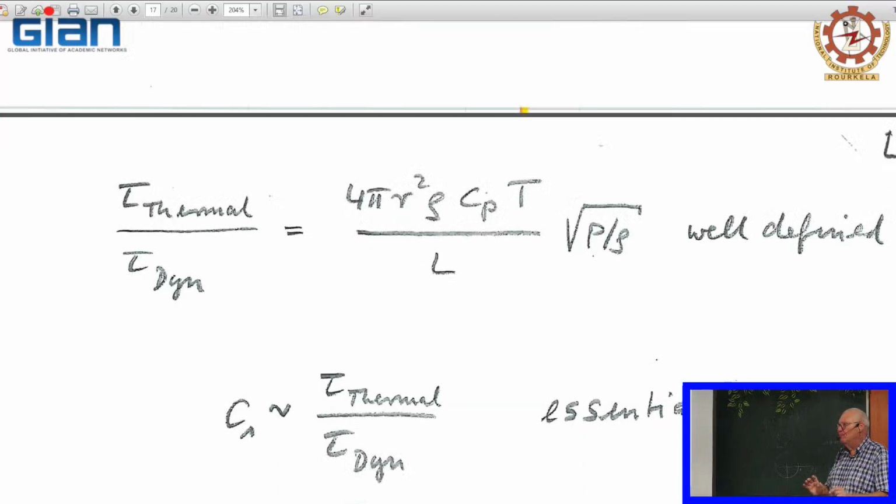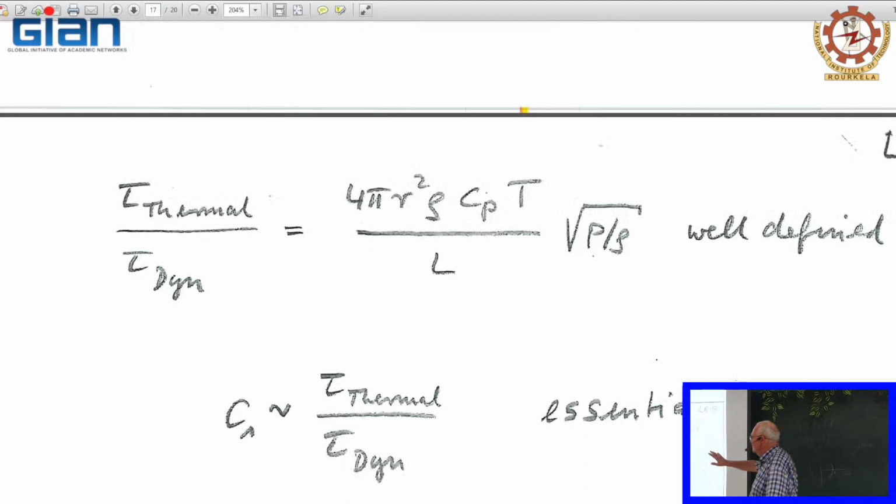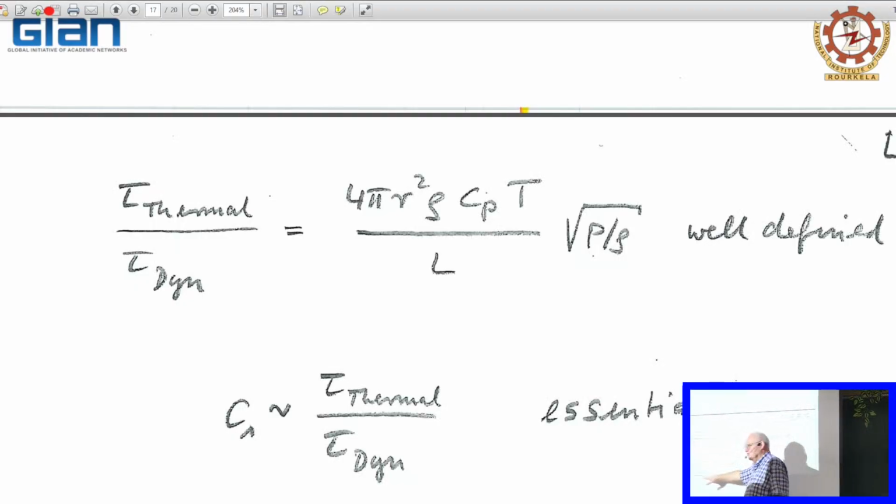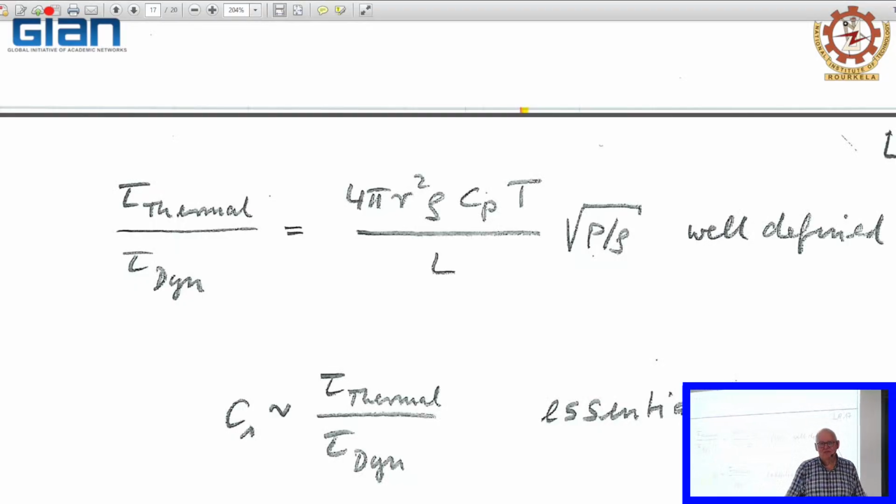And once we compare this quantity to the coefficient C1, which appears in our perturbation problem, then we will find that the essential dependence of C1 on, say, the radius or the mass coordinate is essentially given by this ratio. So the coefficient C1 reflects the run of the ratio of thermal to dynamical timescale.